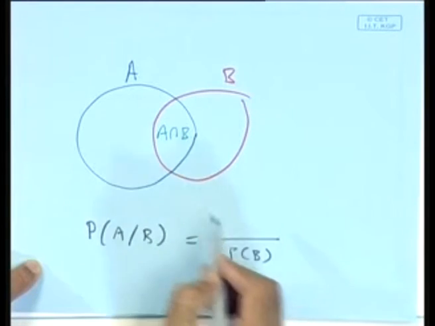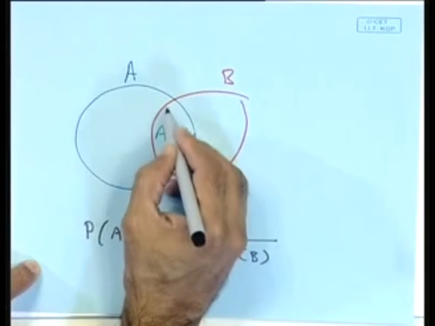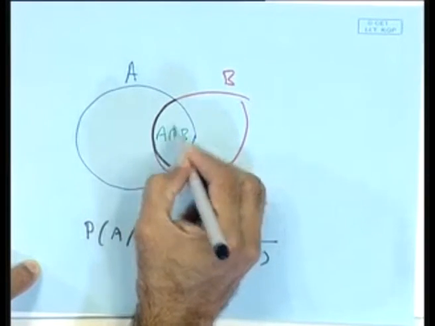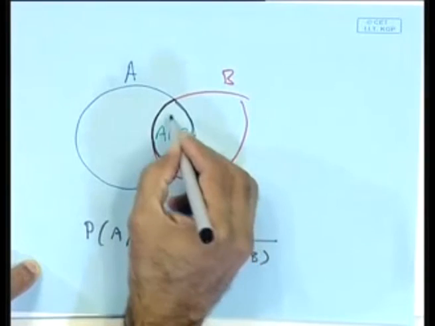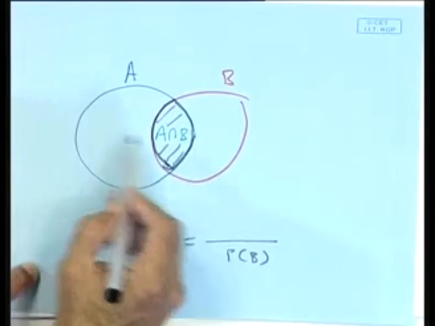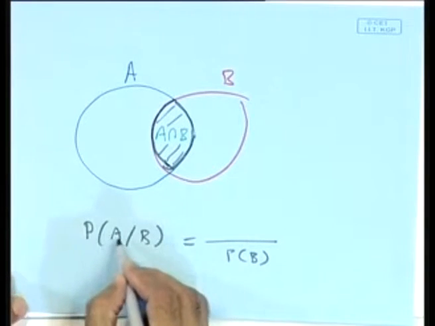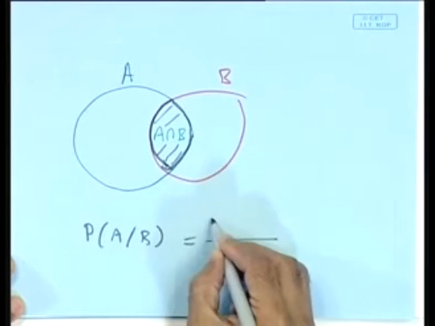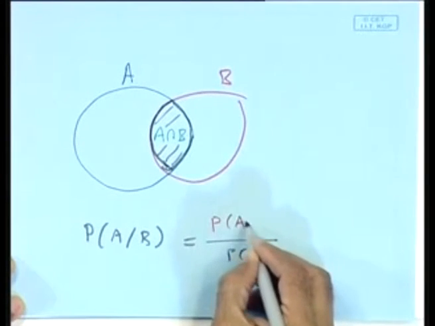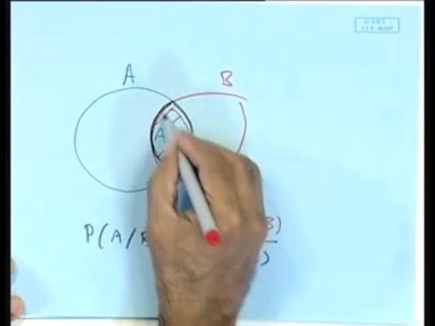In the numerator, I only have to carry that part which is common between A and B. That is this part. This is the part that would have occurred if B had occurred. Now A is occurring and also B is occurring. This is the intersection part. So what have I got to write here? I have to write here that the probability of A given B is going to be the probability of A intersection B, which is this part really.